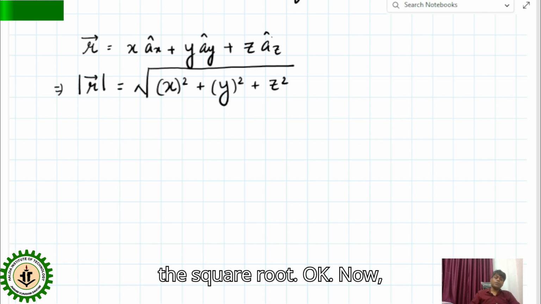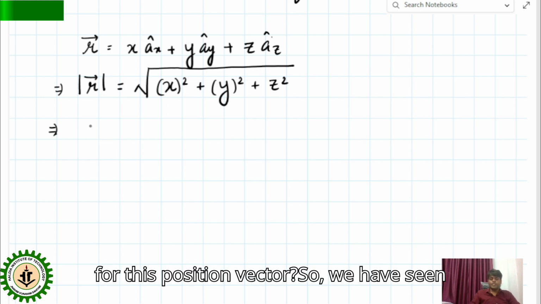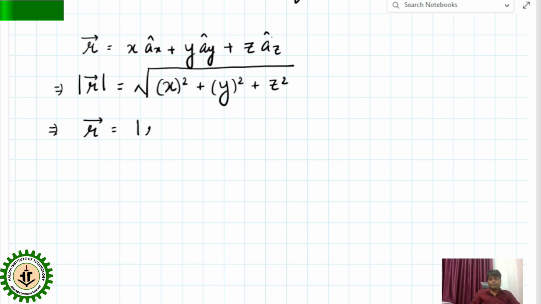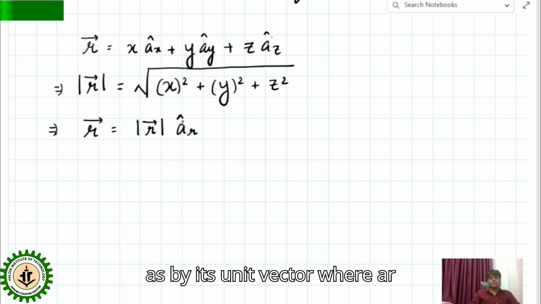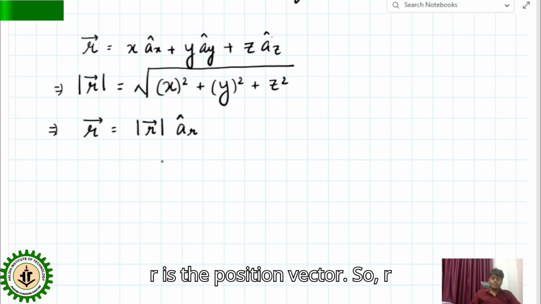Now, what will be the unit vector for this position vector? We have seen that any vector can be written by its magnitude as well as by its unit vector. Here ar cap is the unit vector of the r vector, where r is the position vector.